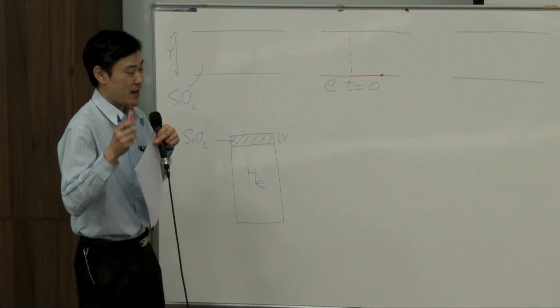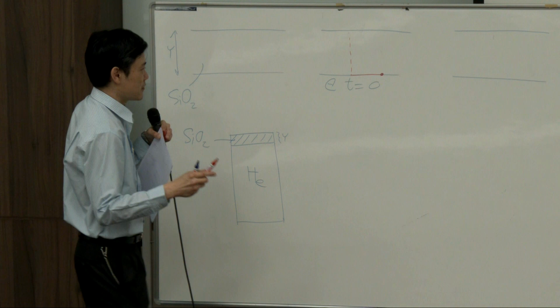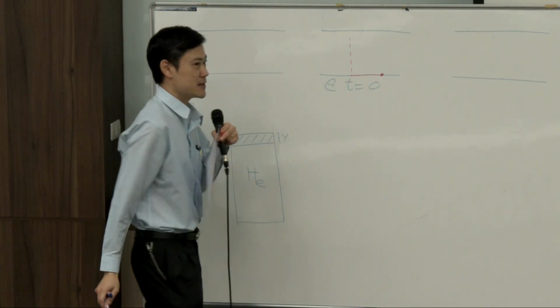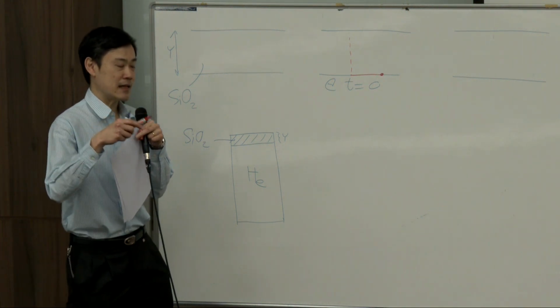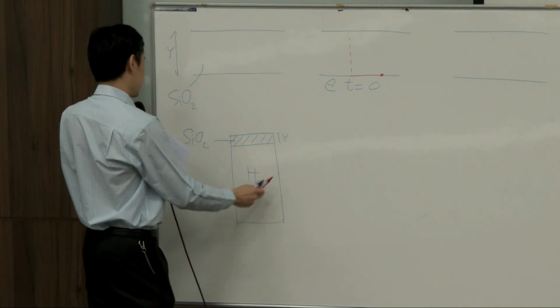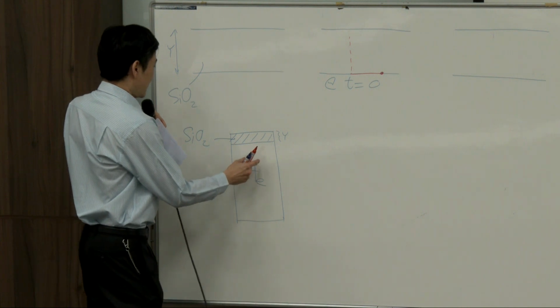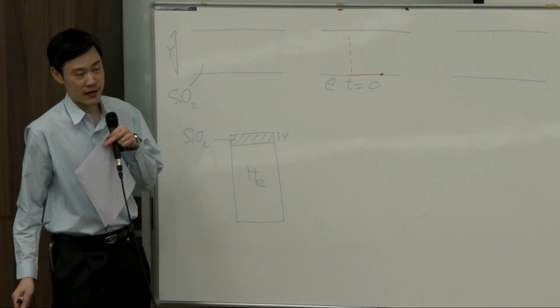And I do not want you to be confused. This concentration, the dot here, is supposed to be the concentration of helium in silica. It is not the concentration in the vessel here. It is the concentration that helium dissolves in solid.